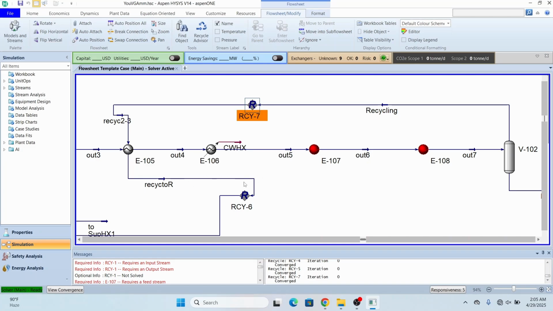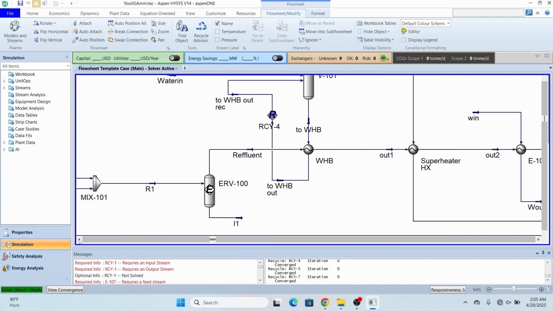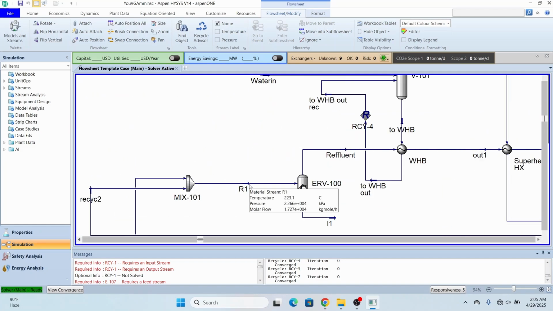And after increasing their temperature, we have sent these gases back to the reactor at 223 or 225 degrees for the conversion reaction.